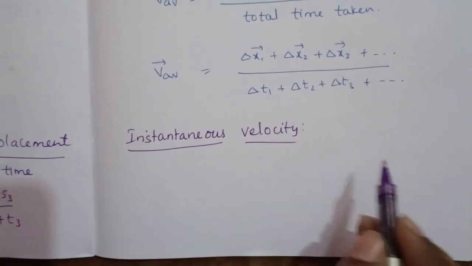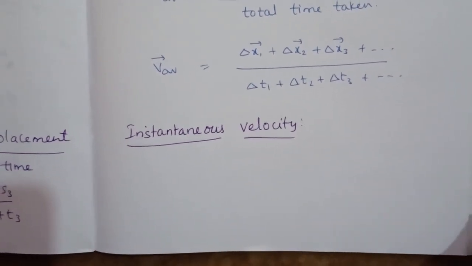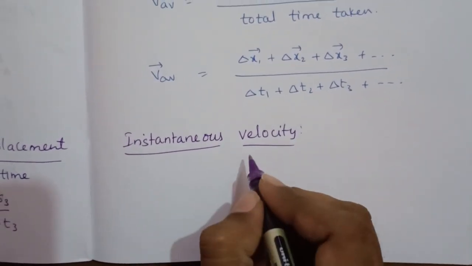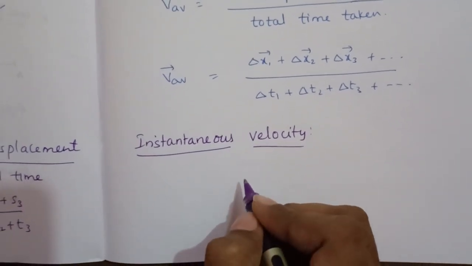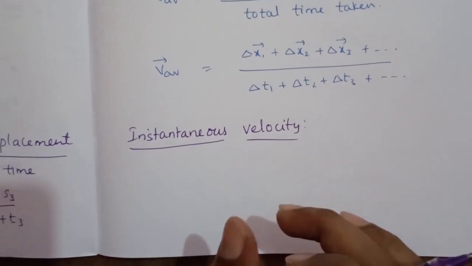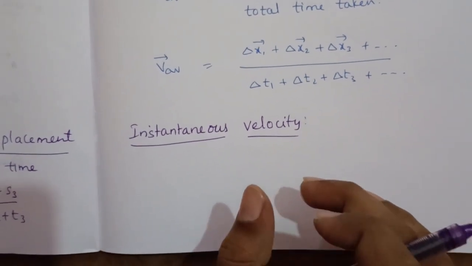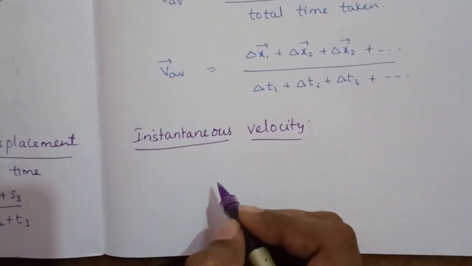Now, instantaneous velocity. As we discussed instantaneous speed, now instantaneous velocity. Instantaneous velocity means the velocity of the body at a particular instant of time.